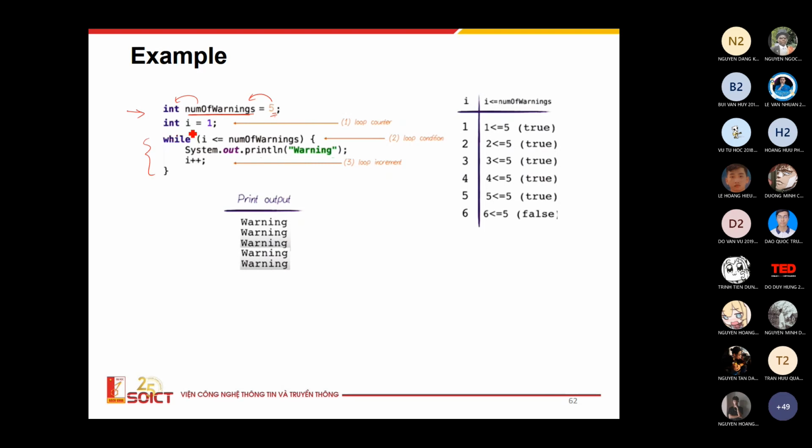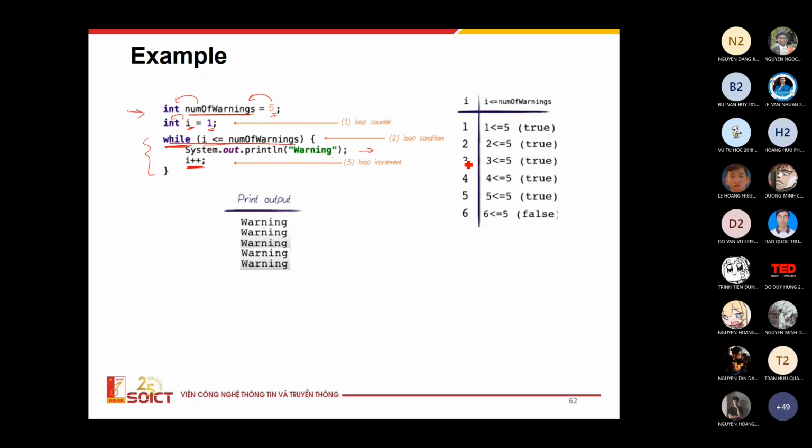You declare another variable i, for example, of the int type, with the value 1. And then you have a while statement where you check if i is smaller than or equal to num of warning. This is the condition. So you will print out warning, and you increase i by 1.